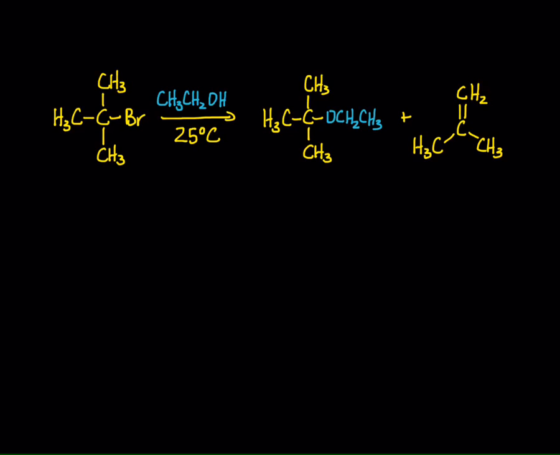In this case, all of the beta hydrogens are equivalent, and so I would get an elimination product, an alkene, forming as well. Now, if I look at the product distribution, I see that my substitution product is still the favored product. I get an 80% yield and only a 20% yield of the alkene. And therefore, I'm favoring substitution.